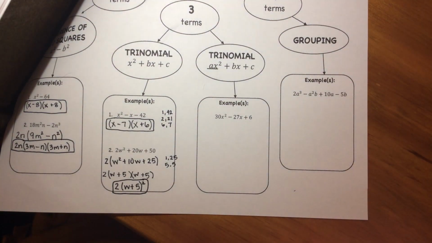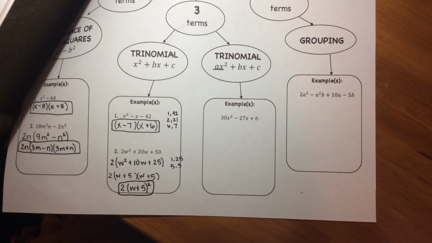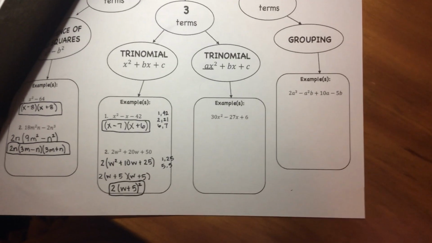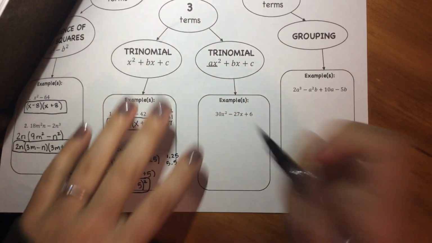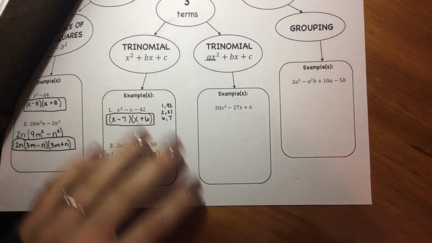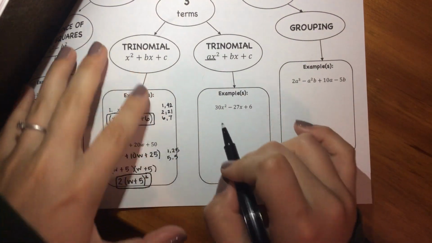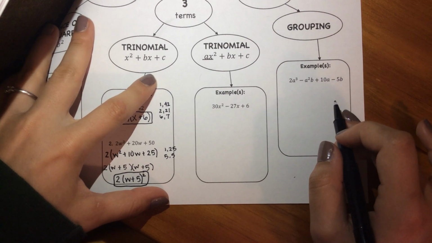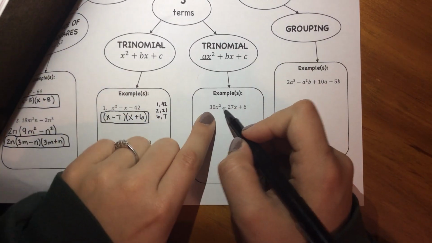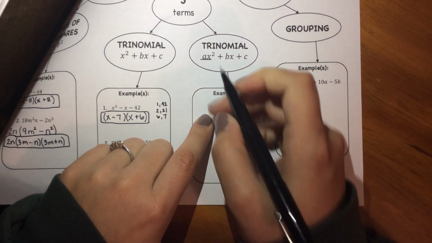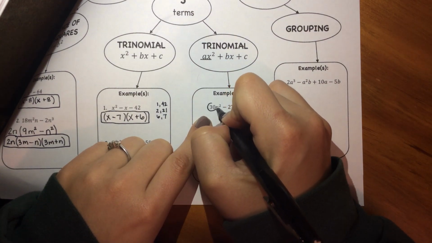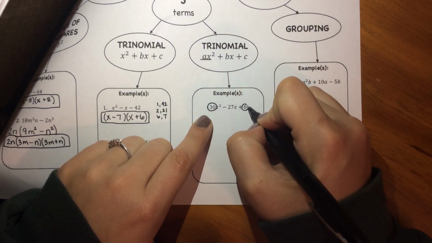All right, so next we want to talk about a trinomial with a coefficient out in front. So this is the method that we've talked about most recently other than factor by grouping, okay? This is when we take that number out in front, we take the 30, we multiply by 6.